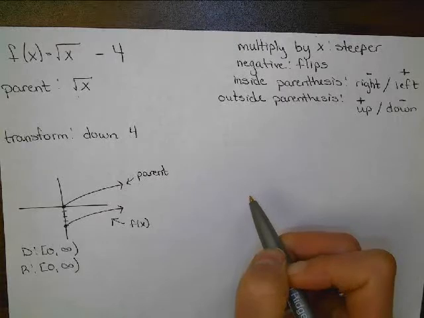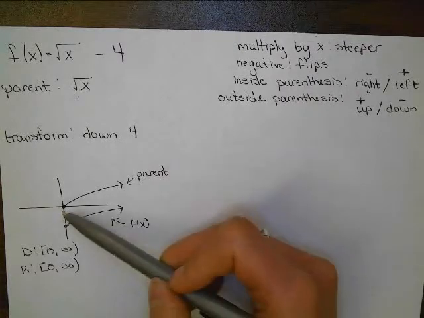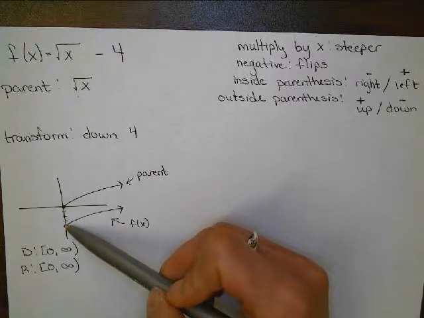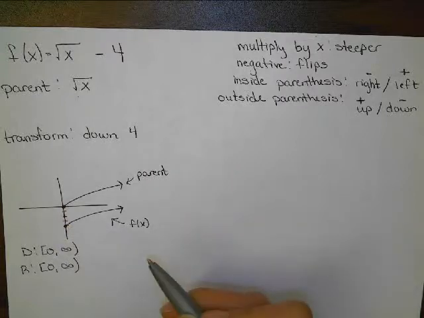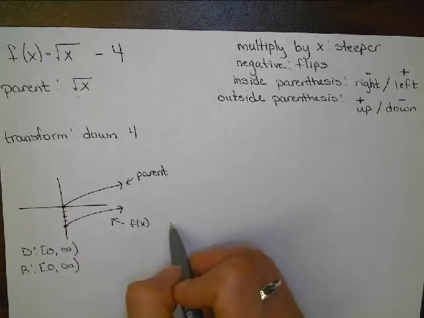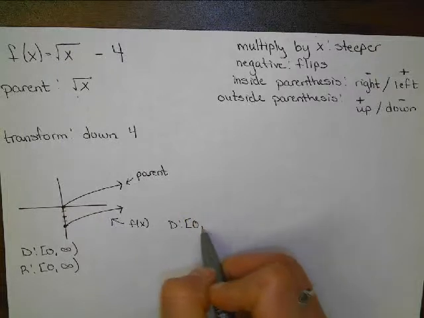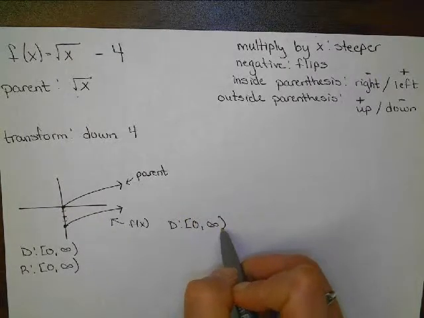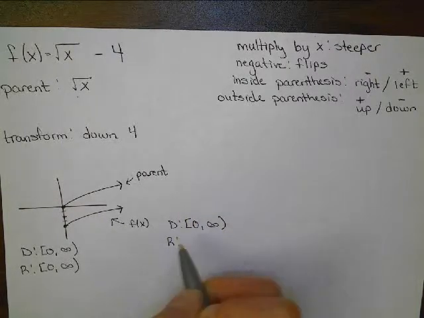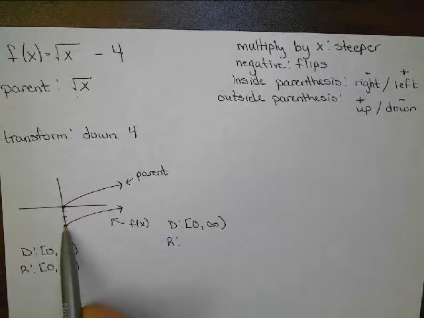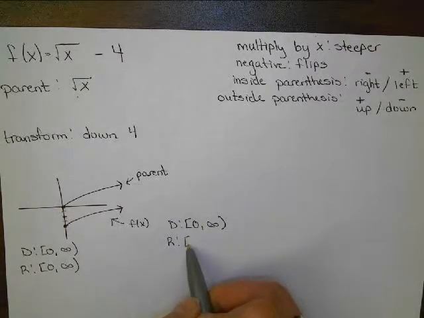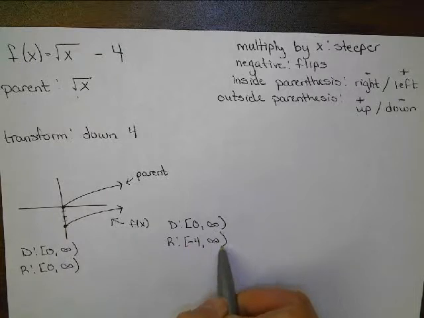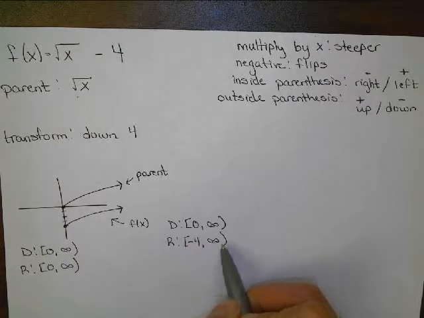The reason that affects my range is because moving down means I go along the y-axis, which is the range. So my domain is going to stay the same for f of x. My domain is still 0 to infinity. But my range, because I moved down 4, is now going to start at negative 4 and go up to infinity.